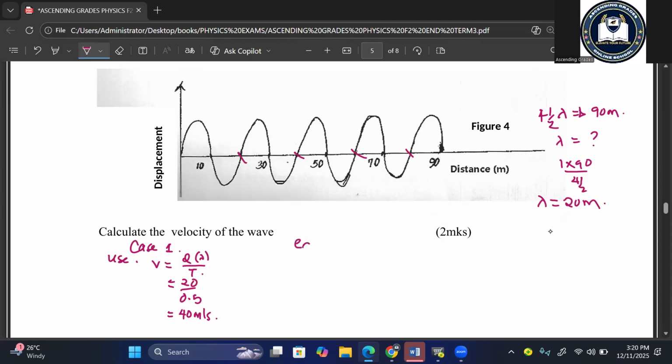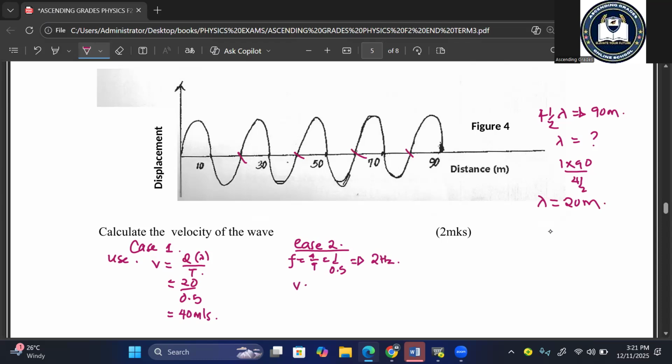Or case 2, you get frequency, which is given by 1 over T, that is 1 over 0.5. And this gives me 2 Hertz.